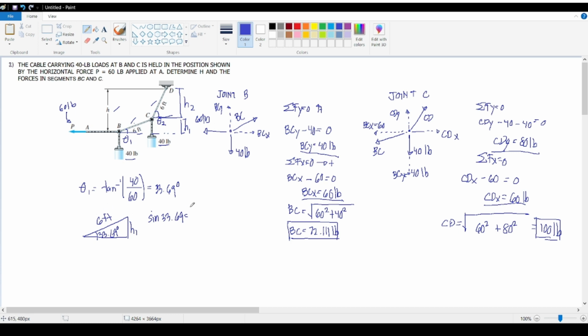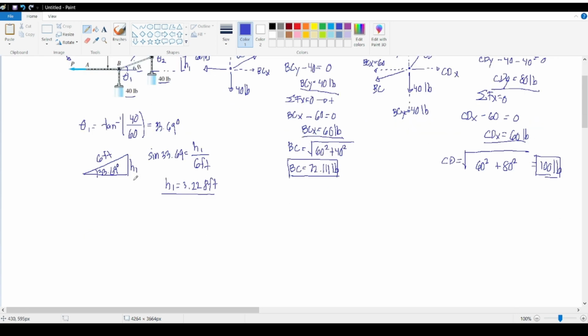The opposite side is h1 and the hypotenuse is 6 feet. If you transpose this to the other side, you can find that h1 is just equal to 6 sine of 33.69, which is approximately 3.328 feet.